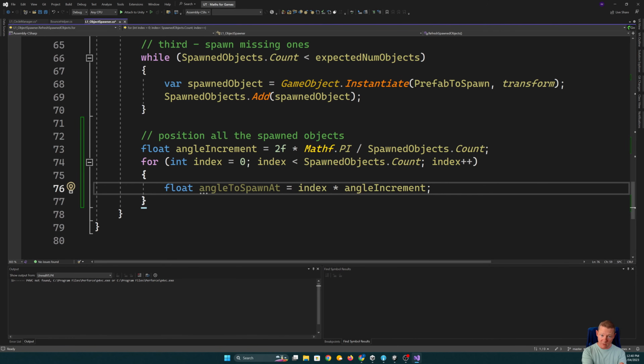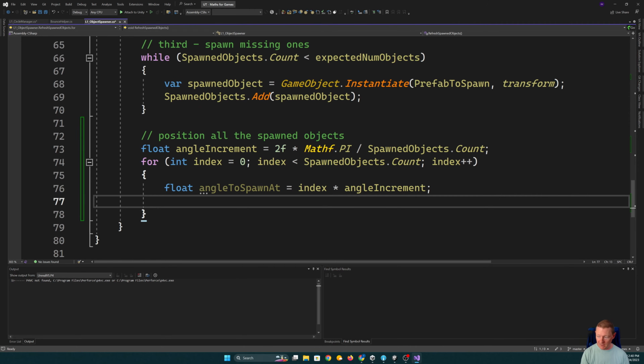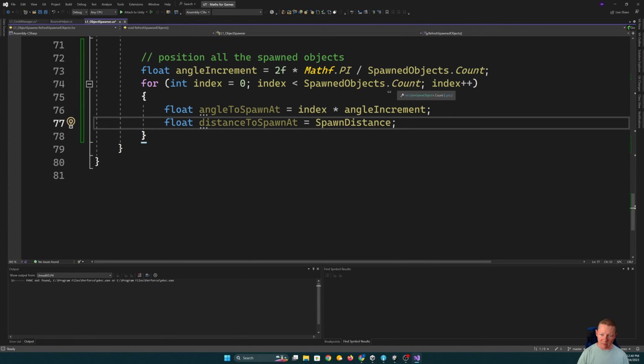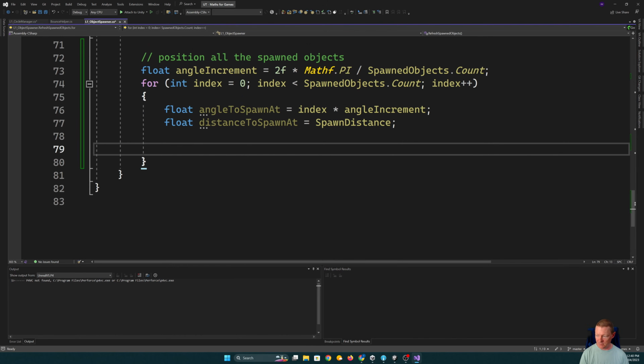We'll start at 0 and keep stepping at that increment all the way around until we've spawned all of the particular ones. We have our distance to spawn at, which is our spawn distance. I wouldn't normally set up another variable here, but there is a very particular reason I'm doing that, which we'll see with some of the things we add in later.